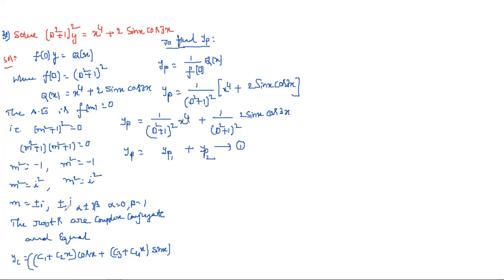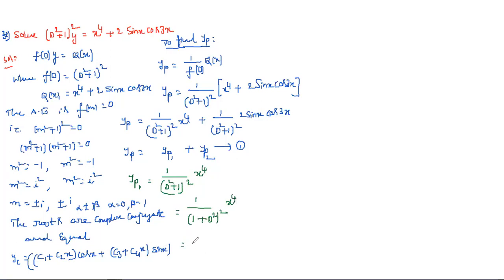First, yp1 is equal to 1 by (D square plus 1) whole square into x power 4. Is it necessary to take anything common? No, because it is already in the form of 1 plus something. So we write 1 by (1 plus D square) whole square into x power 4.